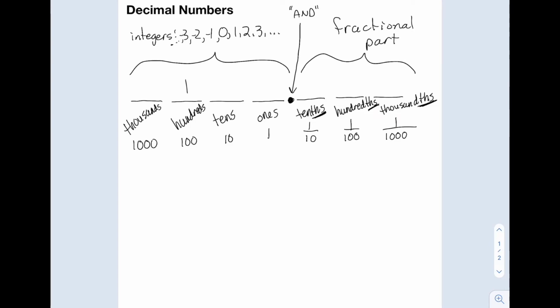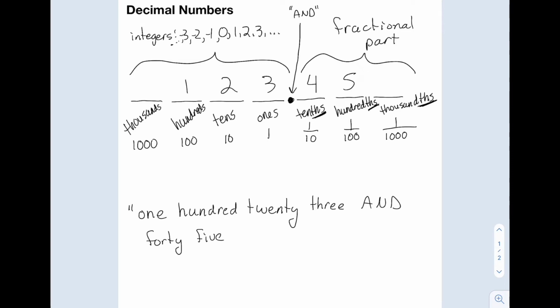So if we were to put in 1, 2, 3, 4, 5 here, we would read this as 123 and 45 hundredths. We often get lazy and say 123.45, but to be technically correct, we would read this as 123 and 45 hundredths.